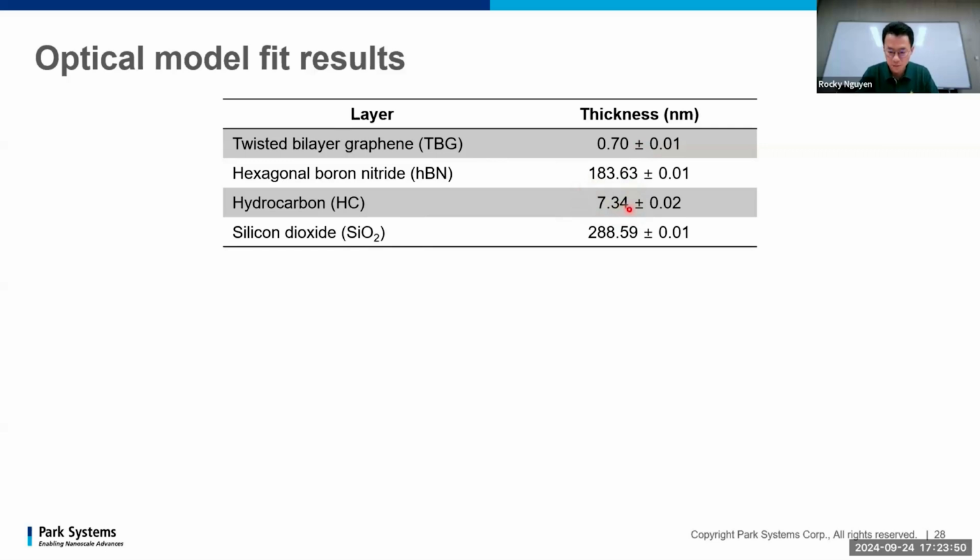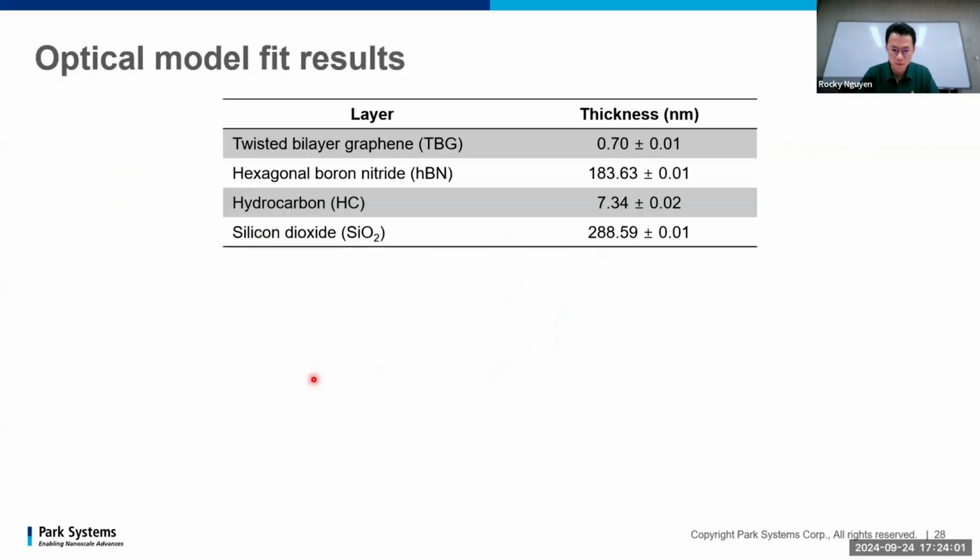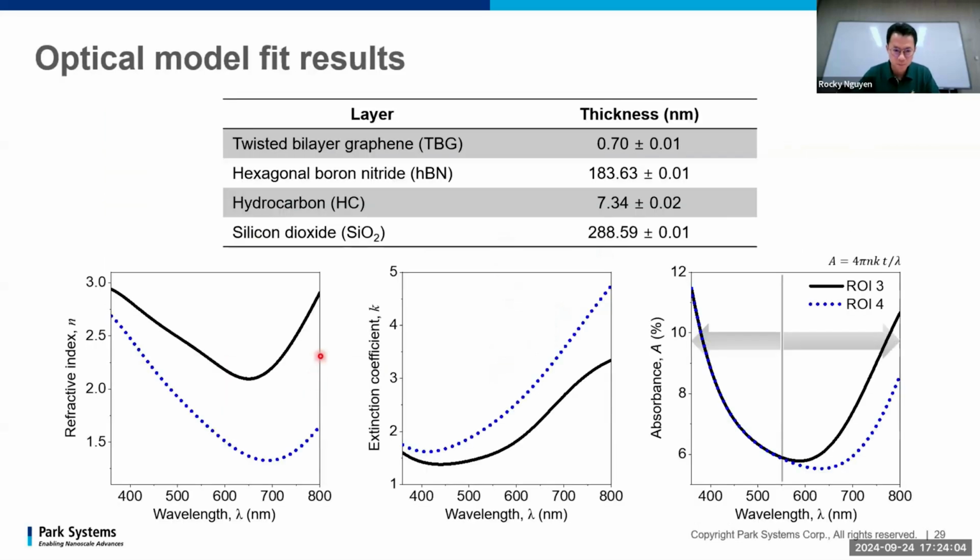So as I mentioned before, this change in delta and psi may affect the optical properties of the twisted graphene layer. To further understand this, I plotted the refractive index and extinction coefficient k, and also calculated absorbance in terms of percentage. You can see that when we have the hydrocarbon spot below the surface, the refractive index decreases and the extinction coefficient increases.